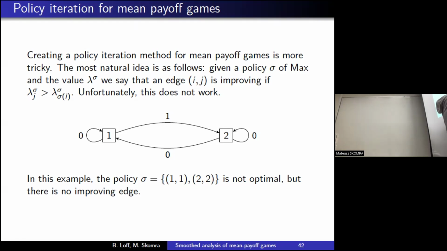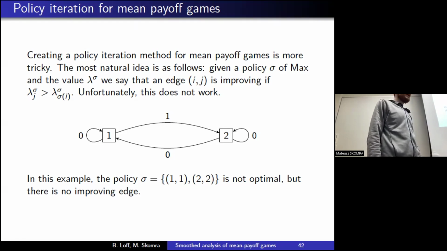According to this criterion, you don't have an improving edge, because your neighbor has 0 and you have 0. So no improvement is possible. But of course, this is not optimal, right? Because when you do this cycle, you get half. So this doesn't work.